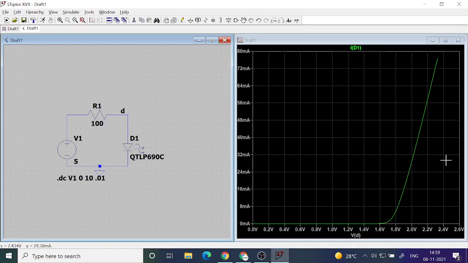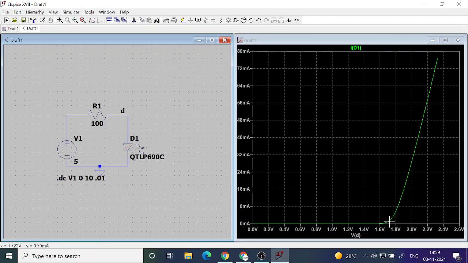So the rest of the voltage is dropping across the resistance because current is increasing. Current is around 70 milliampere here. When that much current flows through this resistance, it will create around 7.5 volt drop. Only the rest can come to the diode.